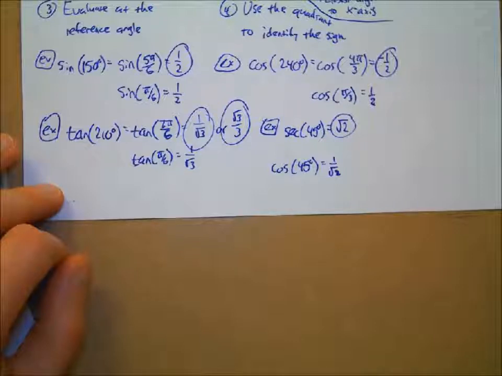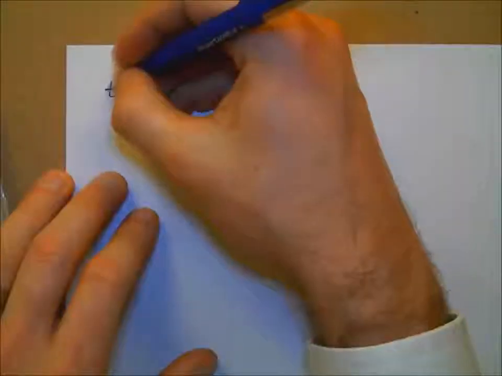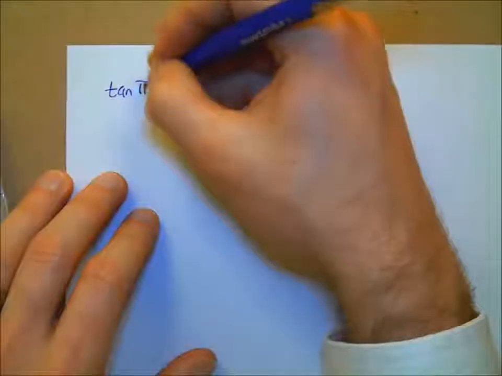Okay, so question, yes, Andrew? Yes, go ahead. Now, the one thing we do have to be careful about is when we don't end up with an angle that's in a quadrant, but on the border. So what do I mean by that? Well, for example, if we have something like tangent of pi.